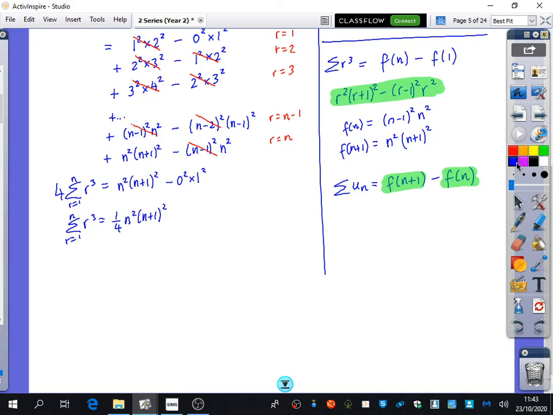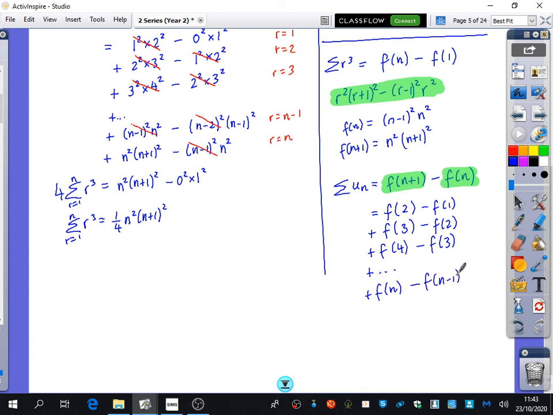So we can see how this would behave by substituting in values. For n equals 1, we would have f of 2 minus f of 1. For n equals 2, we would have f of 3 minus f of 2. Then we would have f of 4 minus f of 3, etc. And then at the end, when I substitute in n minus 1, I would have f of n minus f of n minus 1.